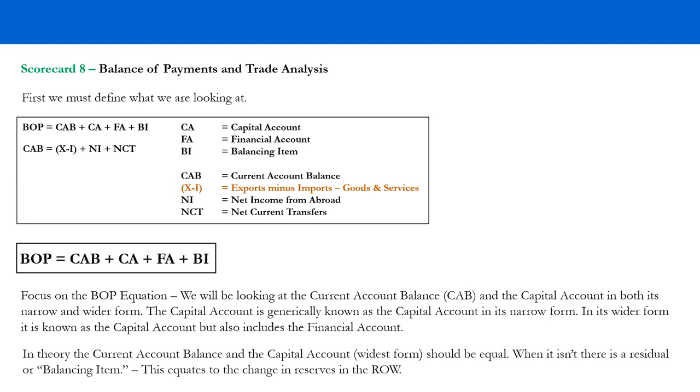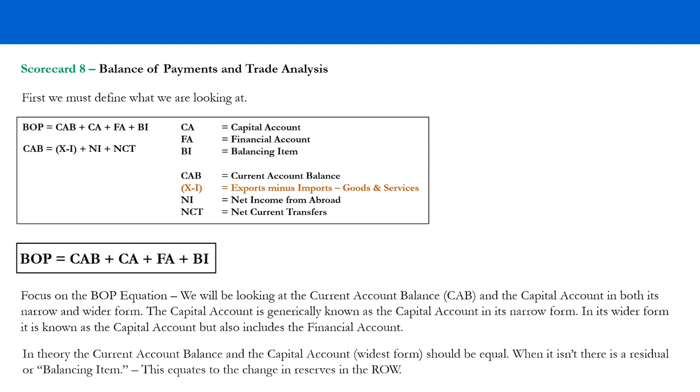So when you hear somebody mention in the press, in the media, the capital account, what they mean is the capital account in its narrow form. In its wider form, it's also known as the capital account, but it includes the financial account. So by the equation that we're looking at, the wider form of the capital account is the capital account plus the financial account.